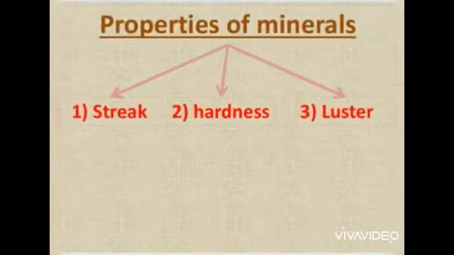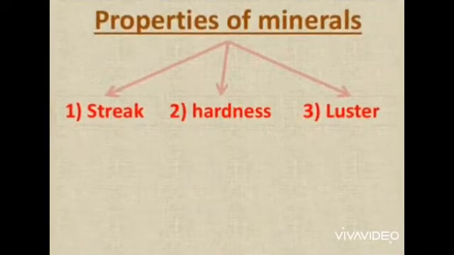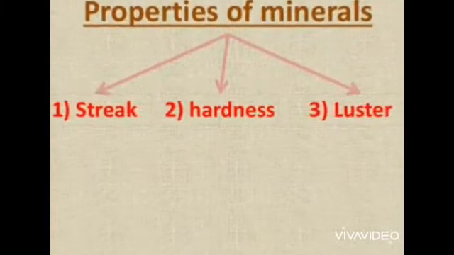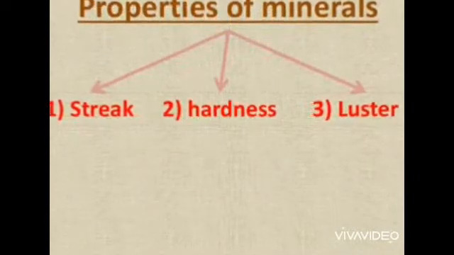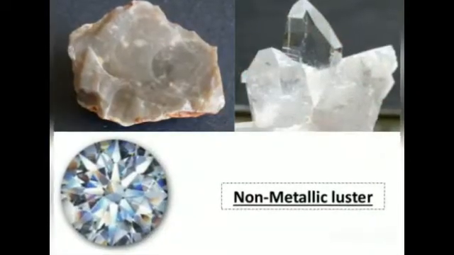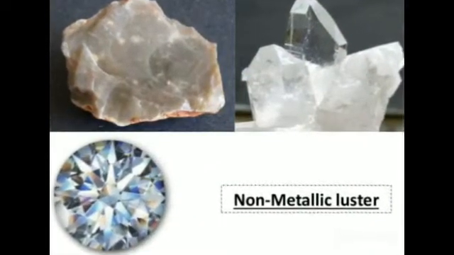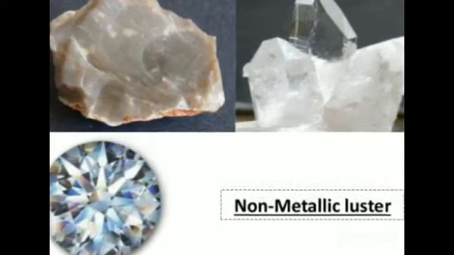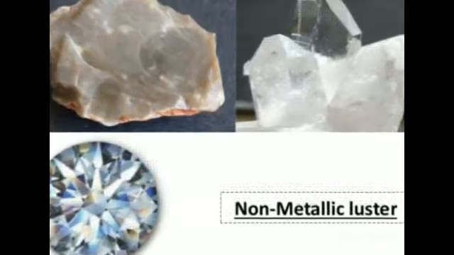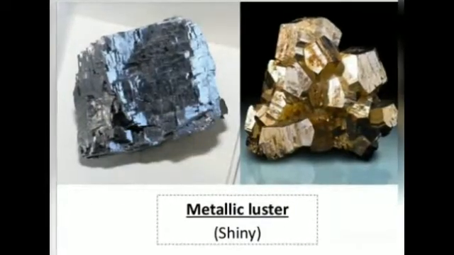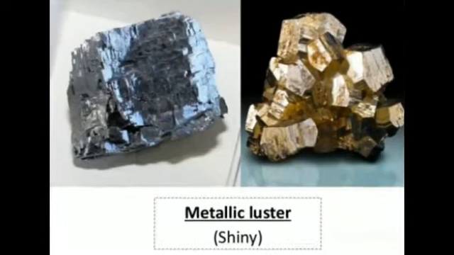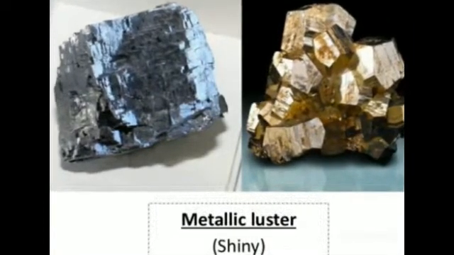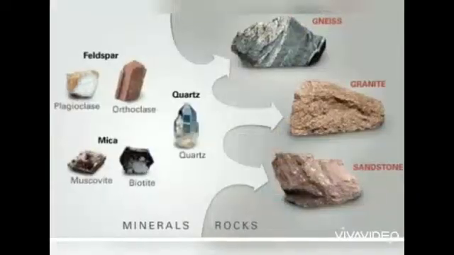You can see the images of rocks that have the metallic luster and the non-metallic luster. You can see at times some rocks are shiny, some are very dull or just pale black, some have a shine on them.